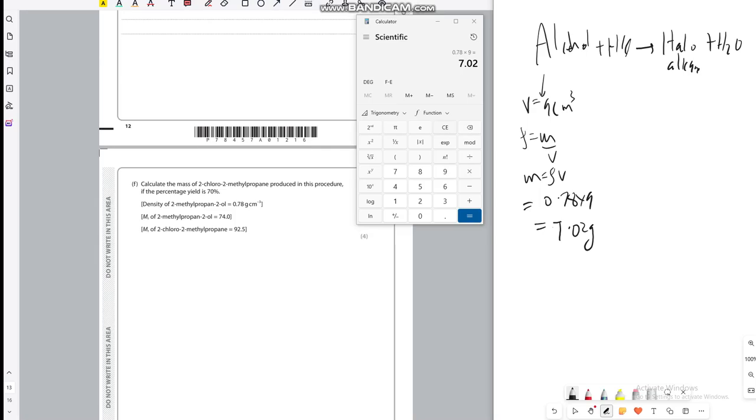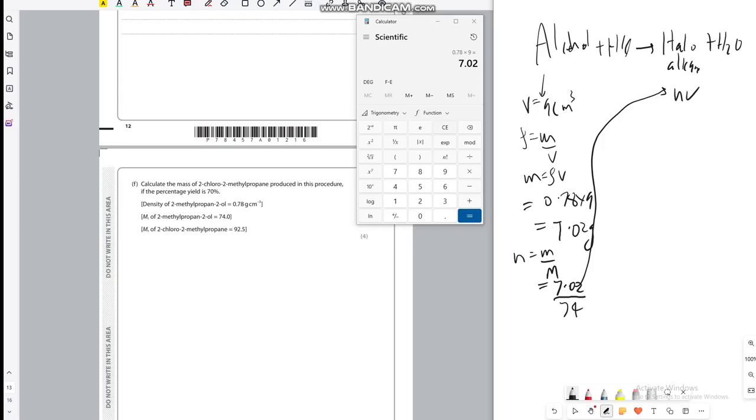So if I know the mass, I can find the number of moles, isn't it? n equals small m over capital M. So 7.02 is the mass. The molar mass of 2-methyl propan-2-ol is 74, so I have to divide by 74. That will give the number of moles. I see that the alcohol and the haloalkane have a ratio of 1:1, so the same number of moles of haloalkane has to be produced.